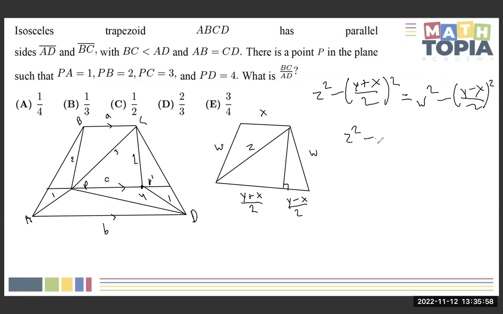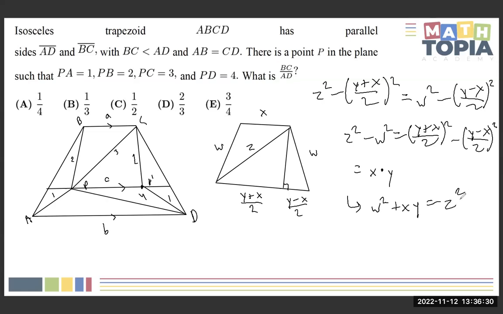And if we move stuff around, using difference of two squares here, we get y plus x over 2 minus y minus x over 2, which is just x, times y plus x over 2 plus y minus x over 2, which is just y. So w squared plus xy is equal to z squared.